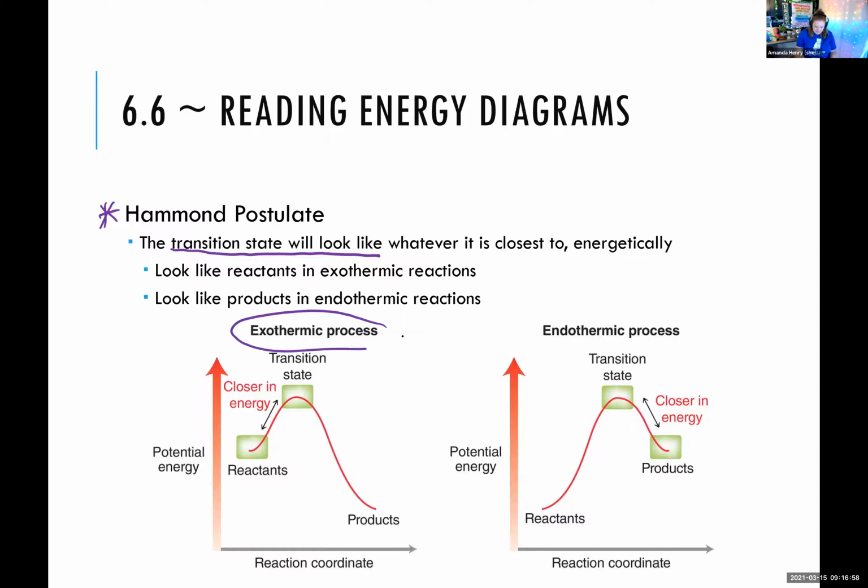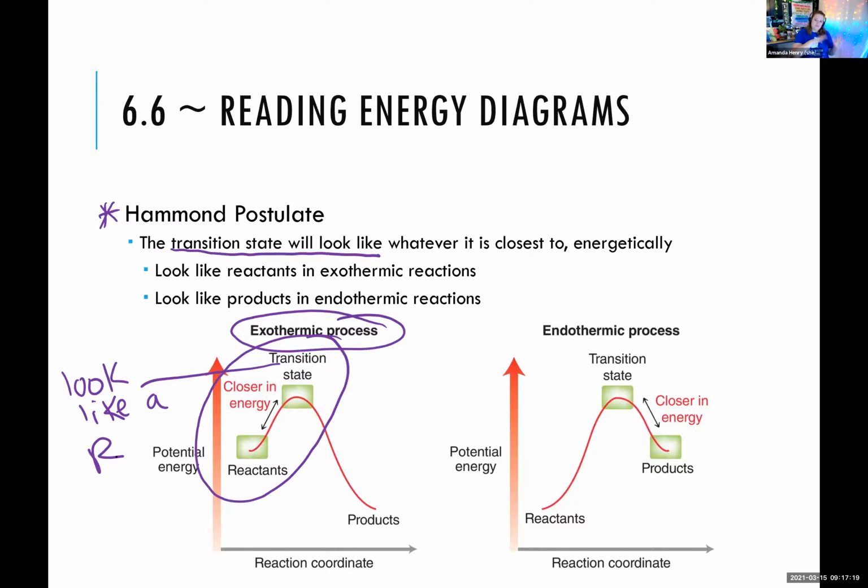So when we have an exothermic reaction, our transition state is closer to our reactants. They're closer to each other in energy, and closer just in distance on the graph. So our transition state is going to look like a reactant.